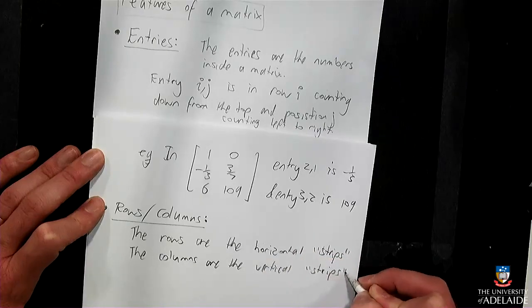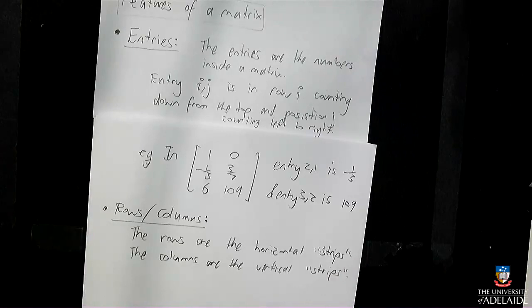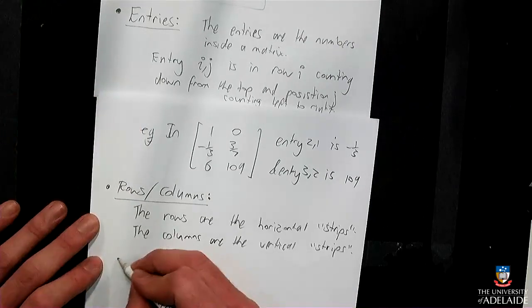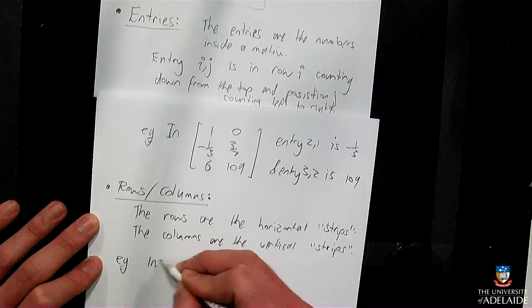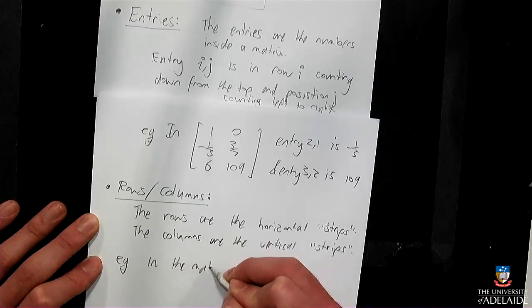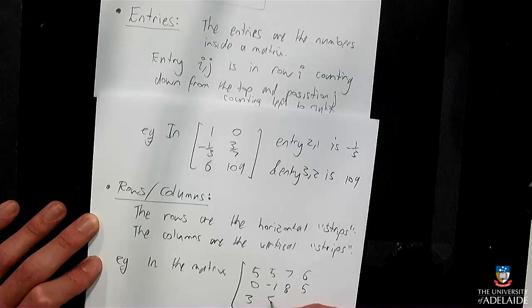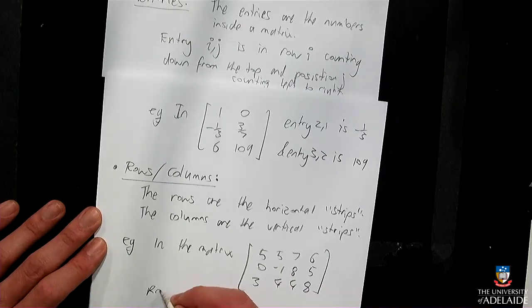Those words, rows and columns, already exist for tables in, say, an Excel file. So we use them for matrices as well. And just as an example, in the matrix 5, 5, 7, 6, 0, minus 1, 8, 5, 3, 4, 4, 8, row 2 is 0, minus 1, 8, 5.